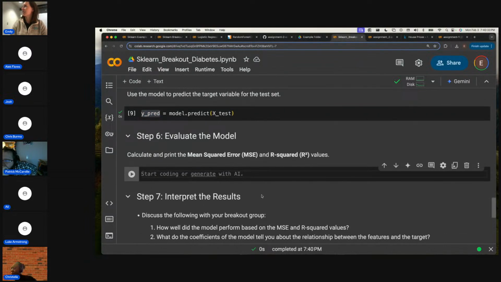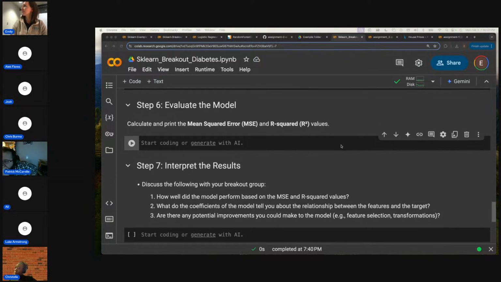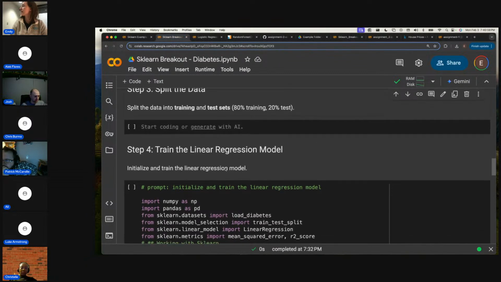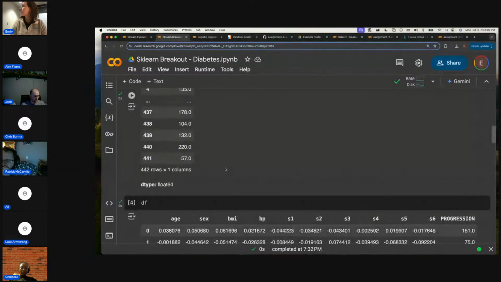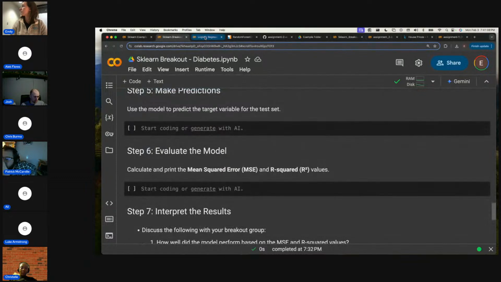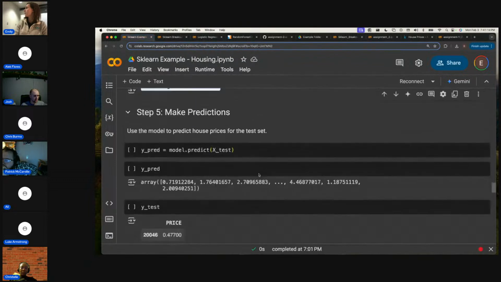All right, did anybody get to calculate and print the mean squared error and the RMSE? Let's go see how we did that in here. So we had our sklearn breakout, sorry, our example here.